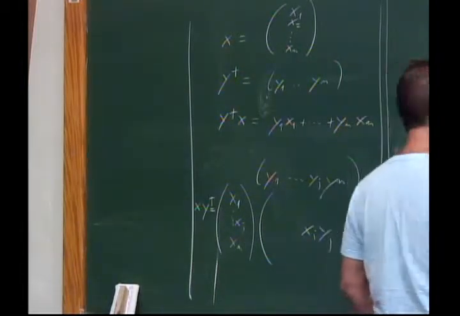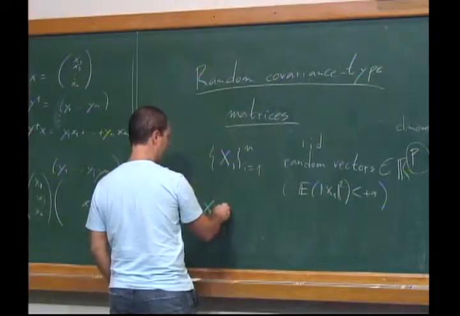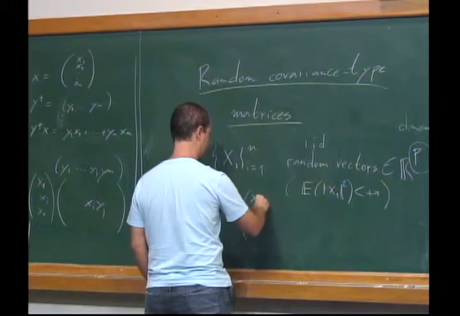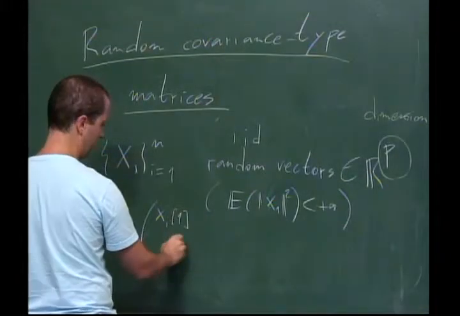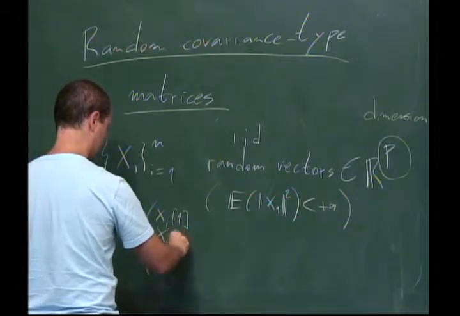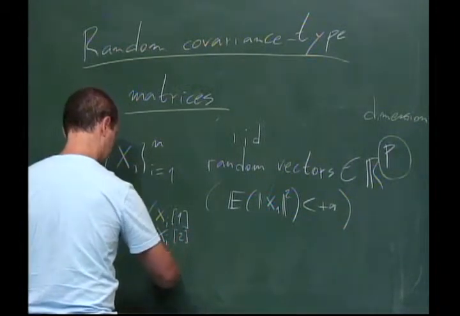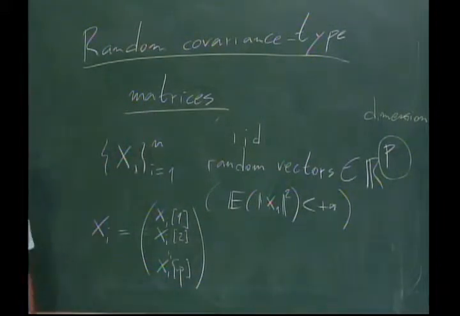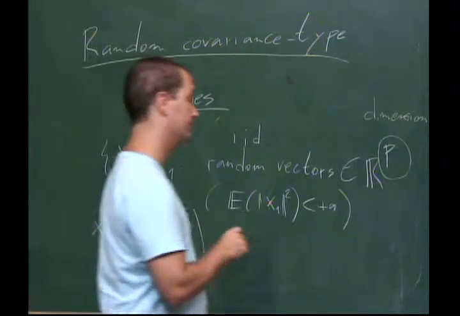So let me give a name for the coordinates of the vectors, and because I already have subscripts here, I'm going to write the coordinates of vector x_i with square brackets.